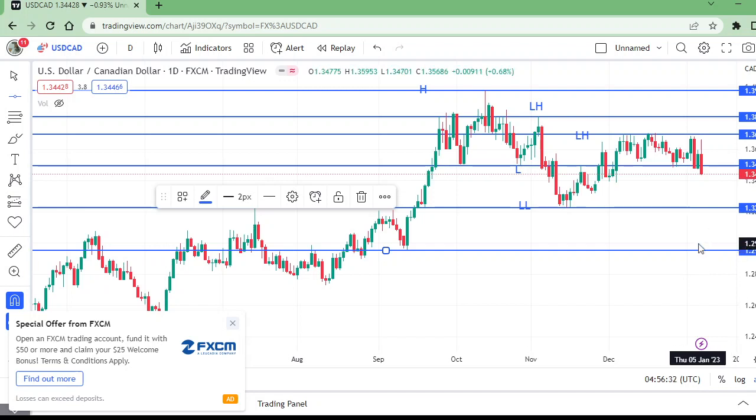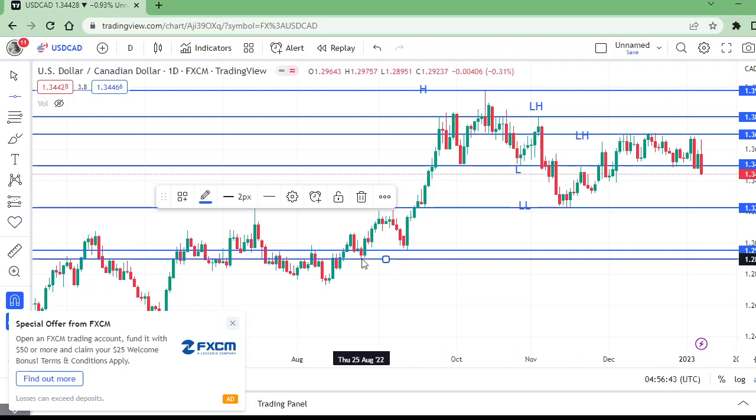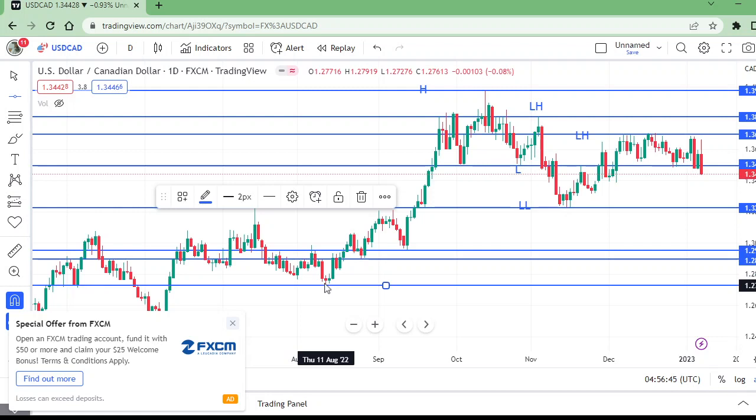There is high probability that this will be broken, and this is also the next and next. These three levels have high probability of being broken.